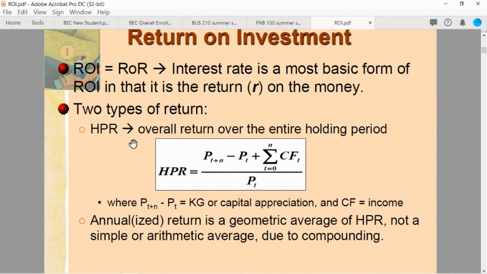Holding period return. Who said that? Gabriel again. Okay, I'm going to give you 0.25. Of course, this is not a challenging question at all, but you got it.